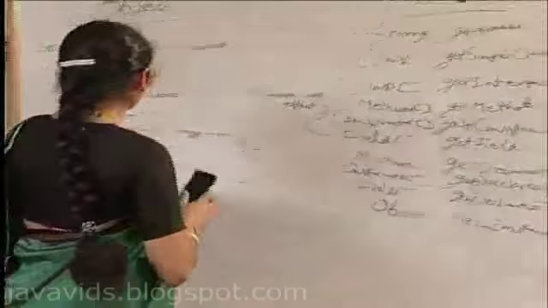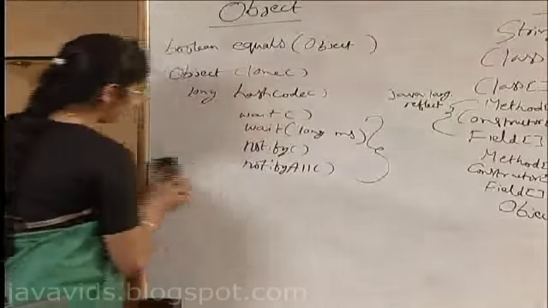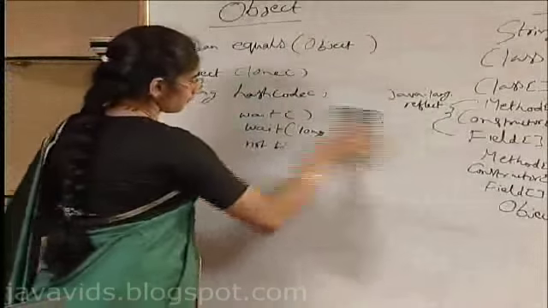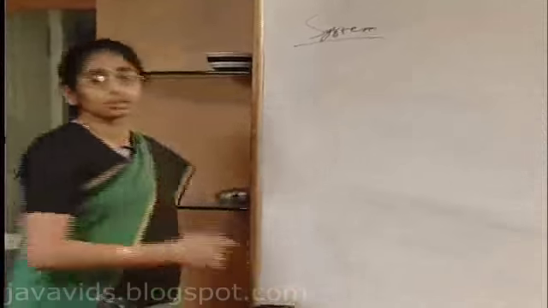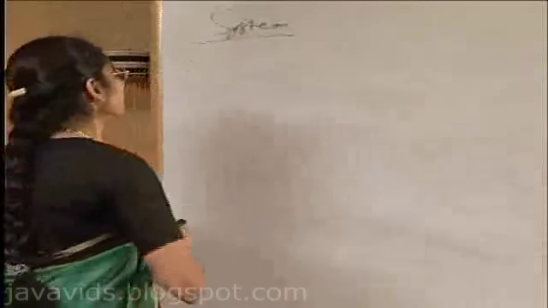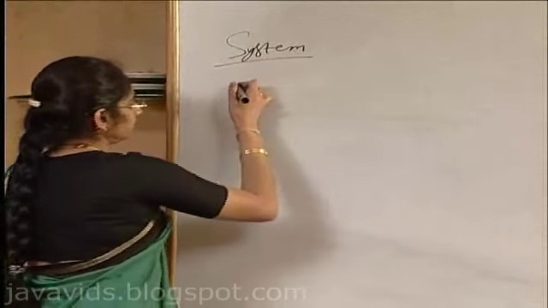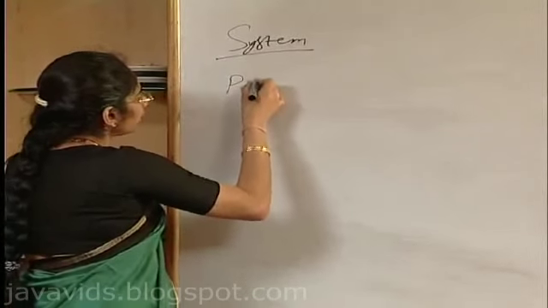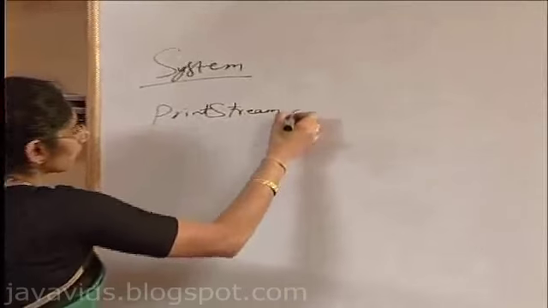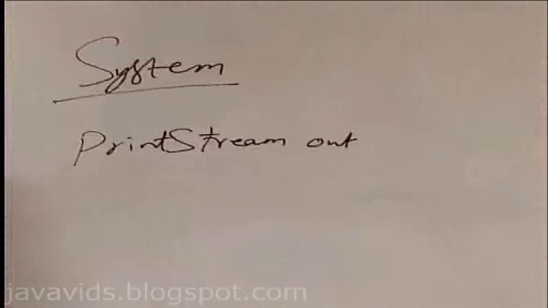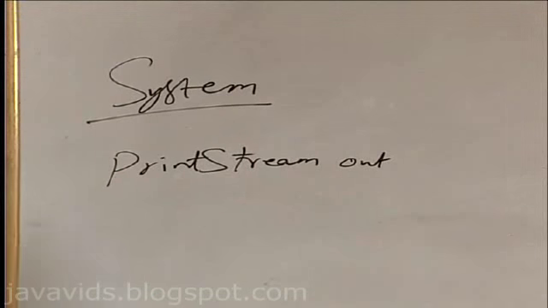Now let's take a look at the System class. The System class has all static members, class members. We have seen one of them, that is the out variable, which is a variable of class PrintStream, which represents the standard output device.